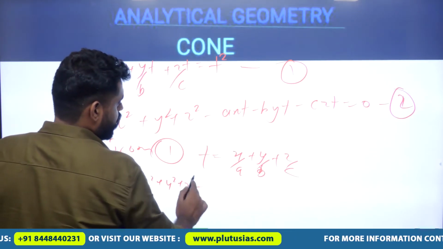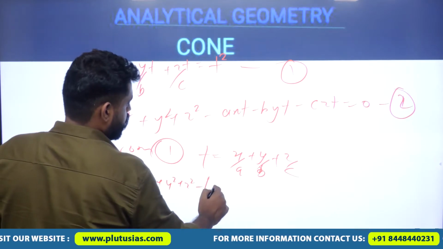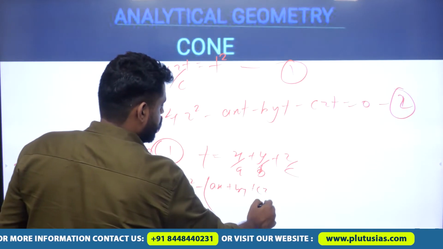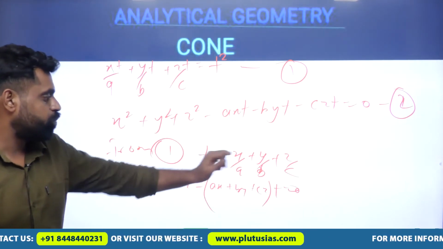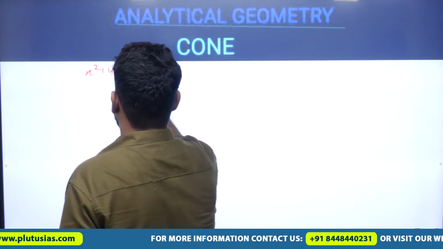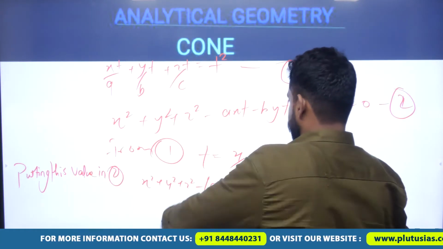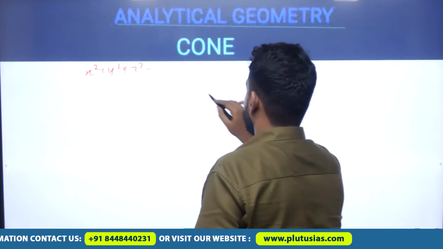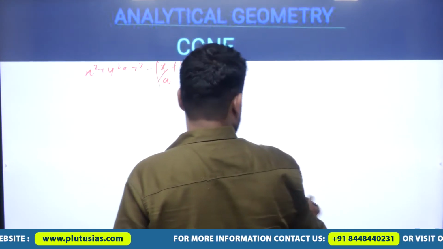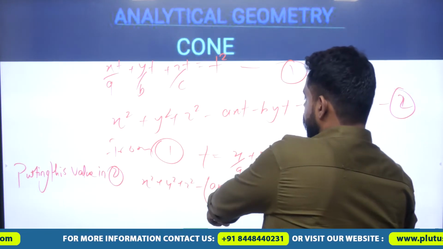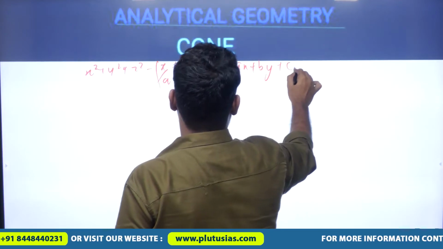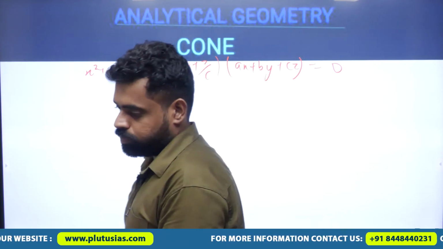We take this t common, or I write ax plus by plus cz into t is equal to 0, and for t if we put this value, that is x square plus y square plus z square minus, for t I can write this x upon a plus y upon b plus z upon c into this ax plus by plus cz equal to 0.